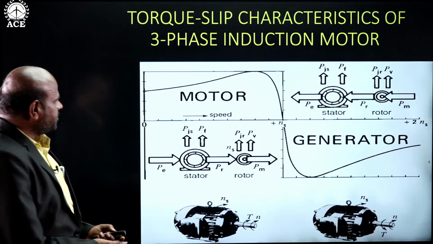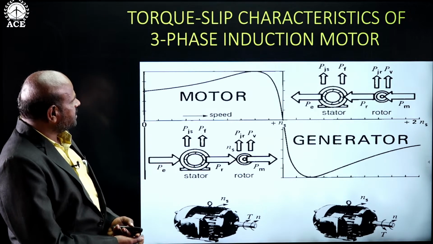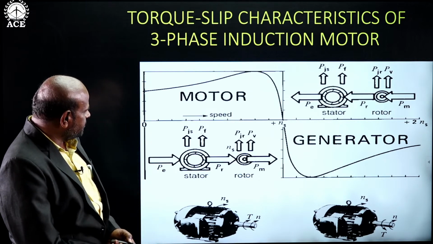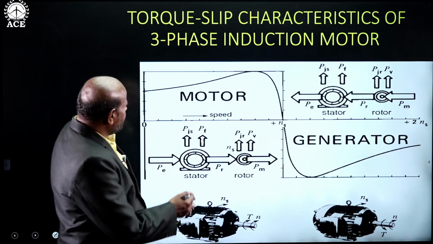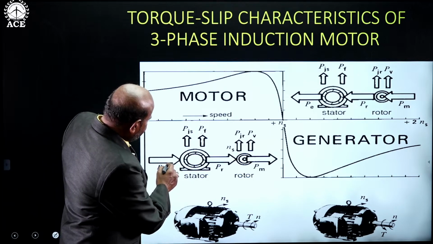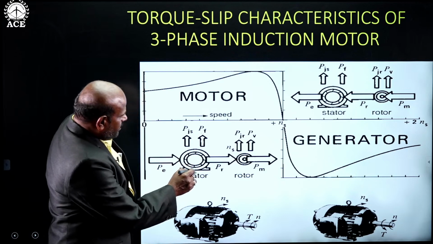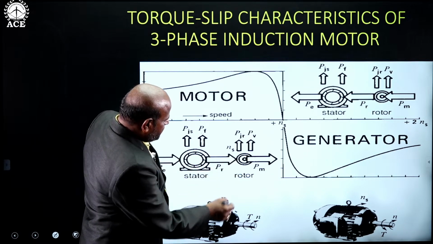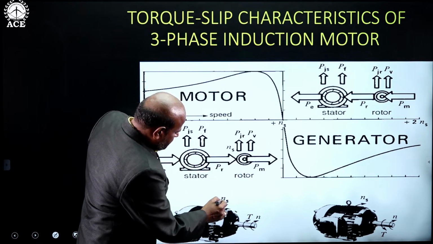Right. You can observe the clear picture of the torque slip characteristics of a three-phase induction motor. When the supply is given, the motor is running in the forward direction.